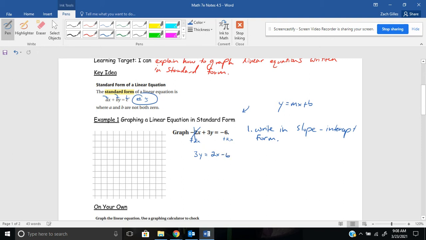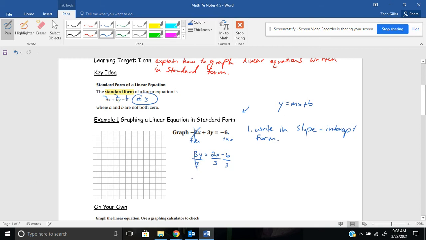Notice I wrote the 2x first because in slope-intercept form, my mx comes first and my b comes last. So that's why I did that. Lastly, then, I need to divide by 3. And when I divide by 3, I need to divide everything by 3.